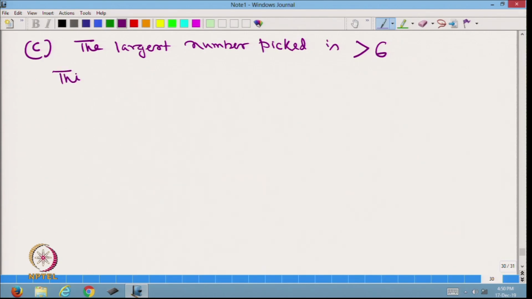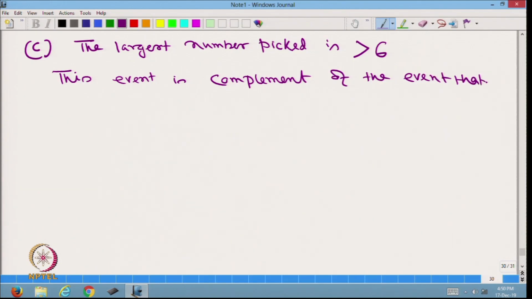This event is the complement of the event that all the numbers picked are less than or equal to 6.